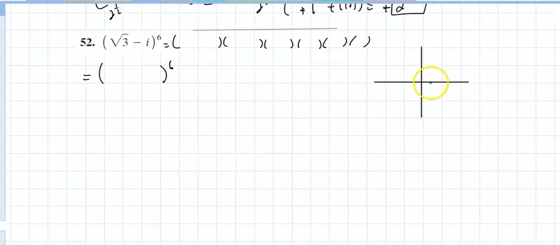If I move radical 3 to the right and 1 down, r, which is the modulus of z, equals 2.